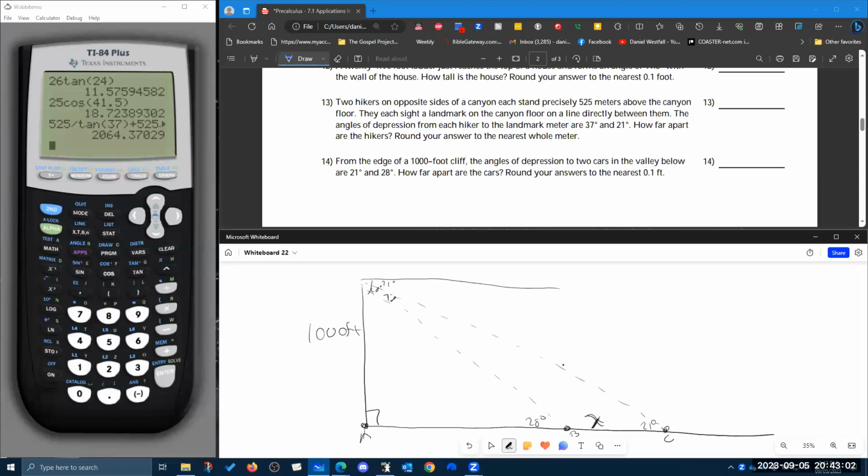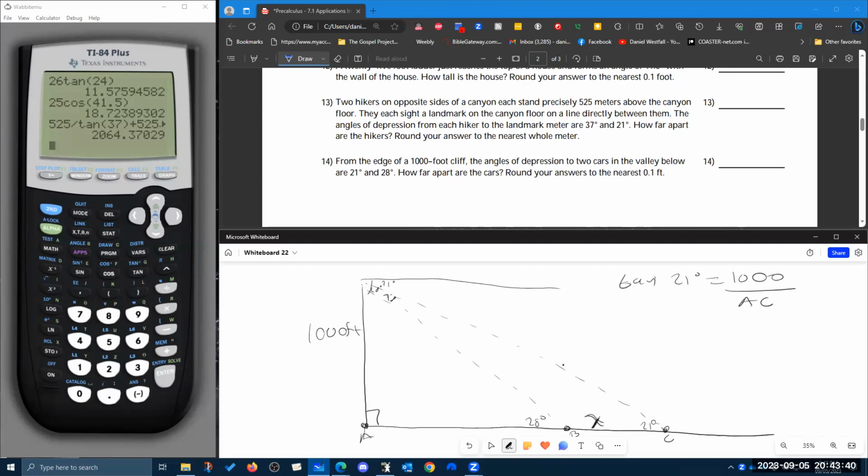Side AC, the measure of AC, is going to be the adjacent side, and 1,000 feet is going to be the opposite side. So tangent of 21 degrees is equal to 1,000 over the measure of AC.